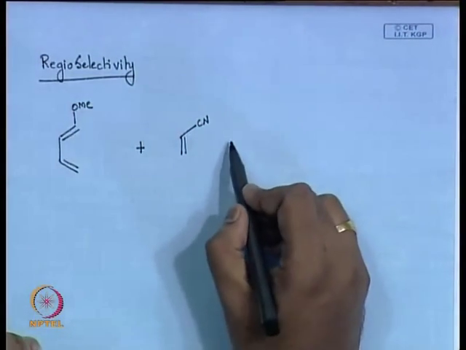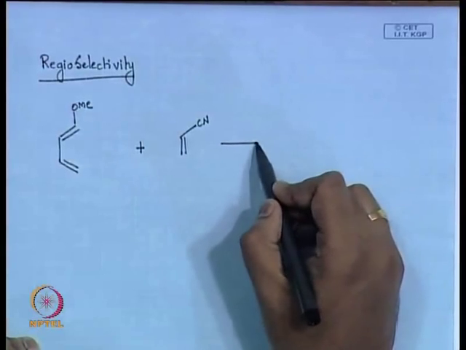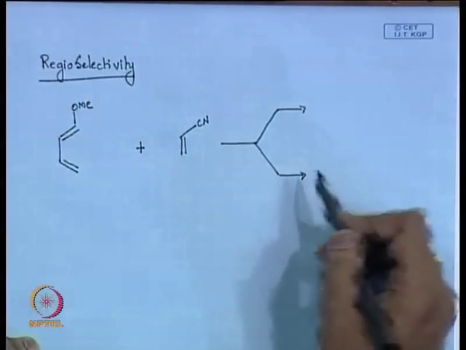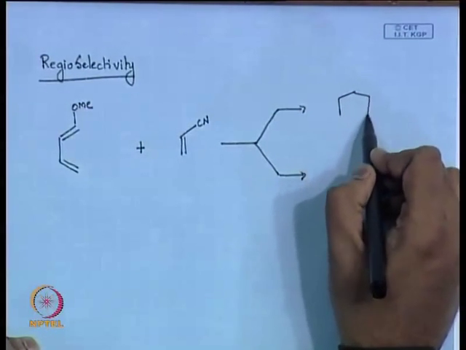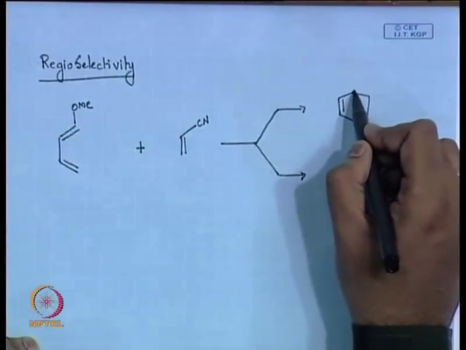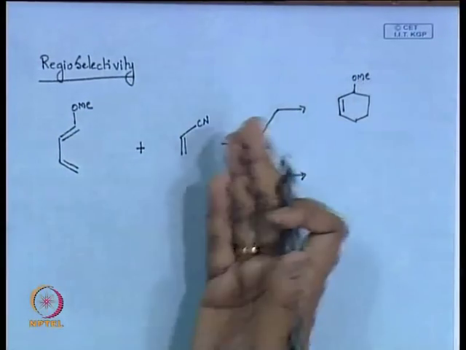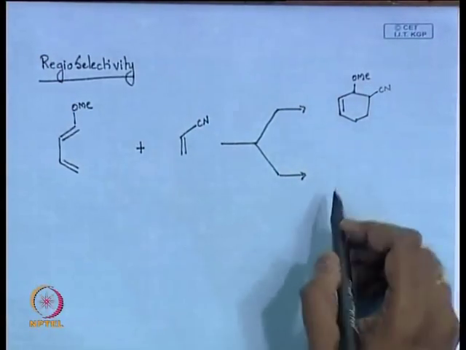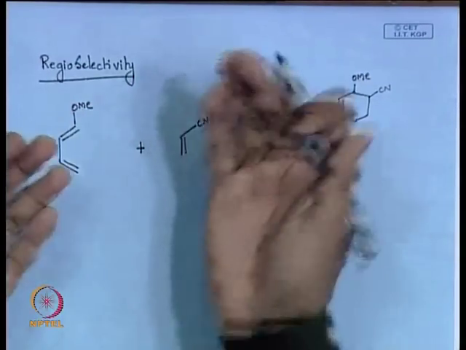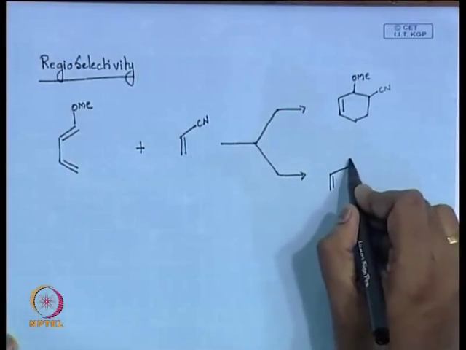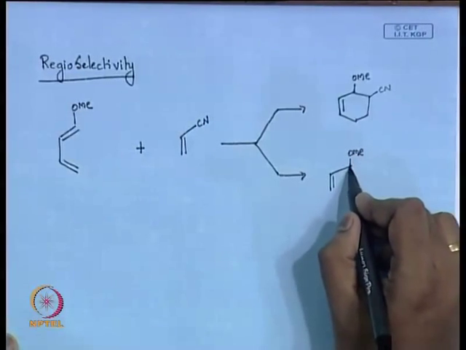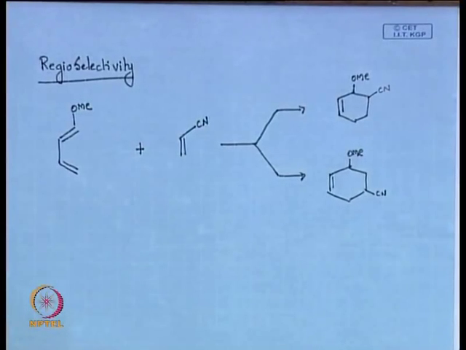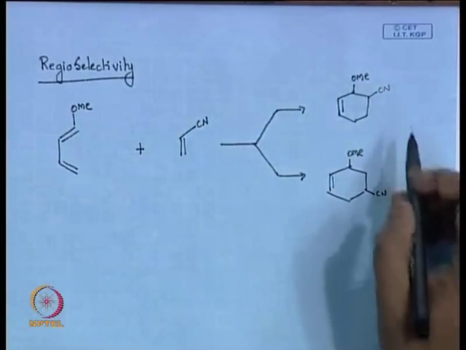Now, I can write two products again in this way. One, if the Diels-Alder reaction forms like this, I have my cyano here, or if it is inverted, the dienophile has cyano there.